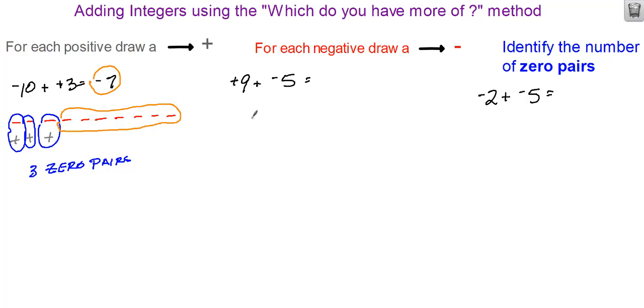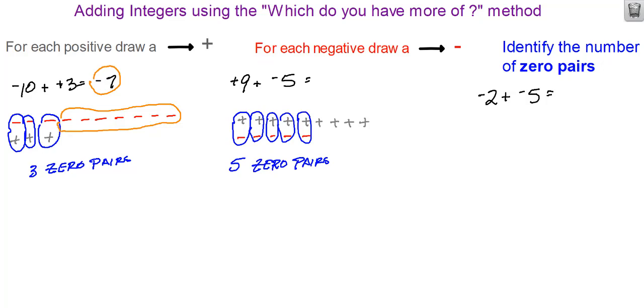Positive 9 plus negative 5. 1, 2, 3, 4, 5, 6, 7, 8, 9 positives, 5 negatives. Those cancel, cancel, cancel, cancel, cancel. 5 zero pairs.